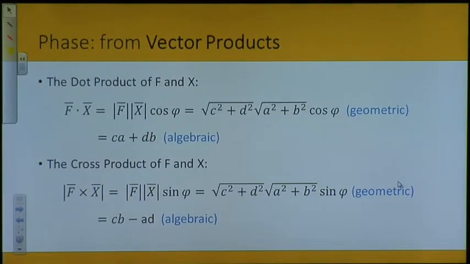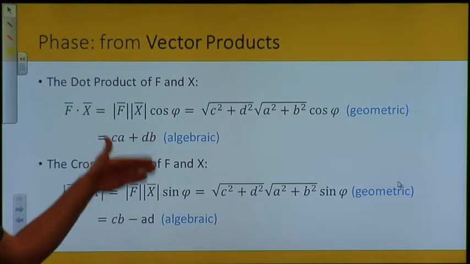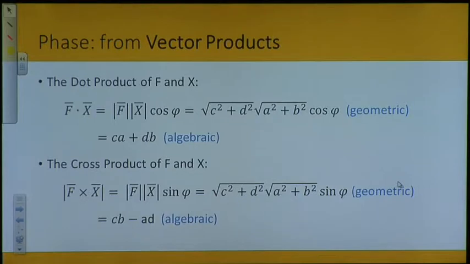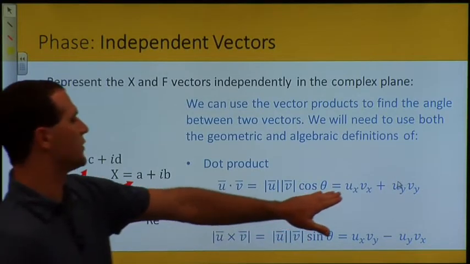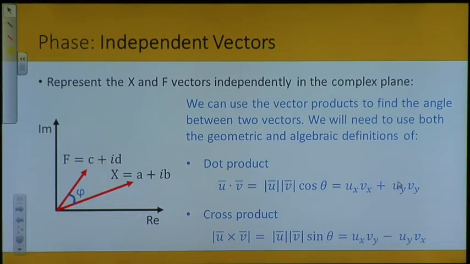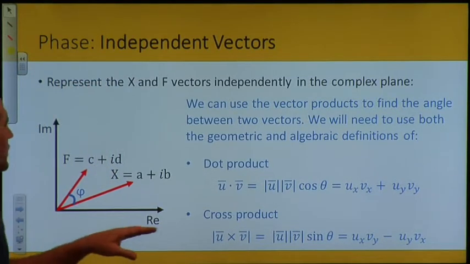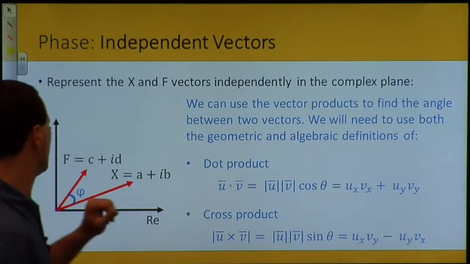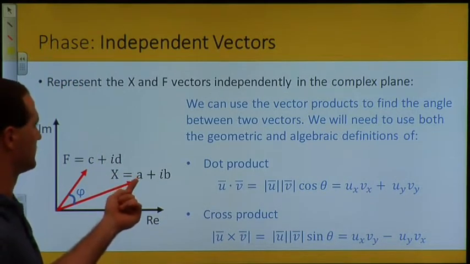So we do this for the dot product, and we do it for the cross product. So in my case, ux, which is what I showed here in general form, ux, vx, uy, vy. Ux is going to be the first component.